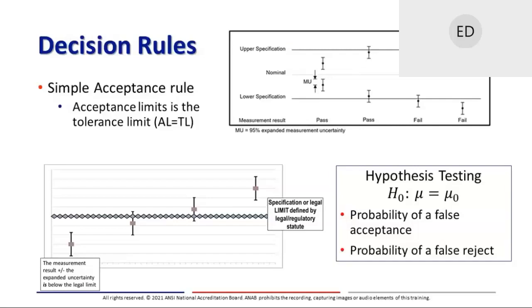And we would tell them that, based on the decision rule that we use at a 95.45% coverage probability, this weapon measured 15.5 inches. With our uncertainty of measurement, this weapon is not legal. So that's how we would provide a statement of conformity.